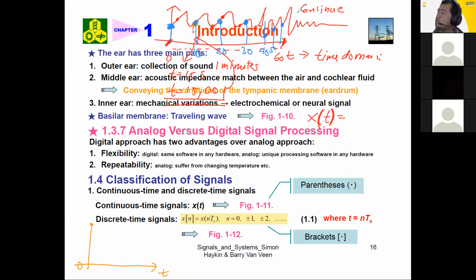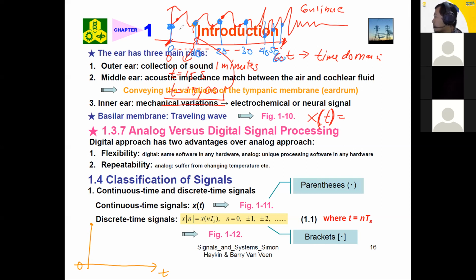Comparing to the continuous signal, you can see the value of the blue is not always existing at any time, but only at certain times. Means that at t equal to 0, 10, 20, 30, 40, 50 and 60.